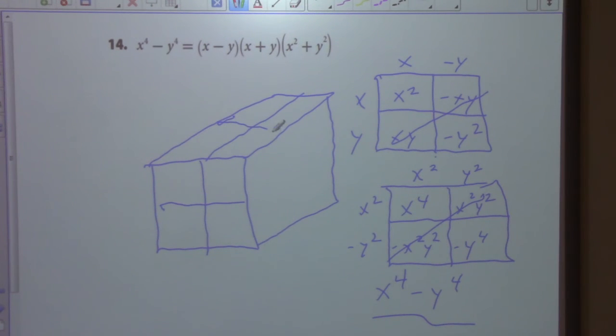but you see you can do this, right? So over here you have x minus y, and you have x plus y here. And then you put x squared plus y squared over here, and multiply these together.